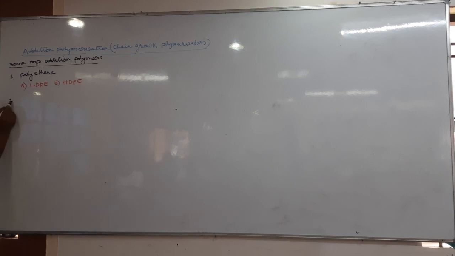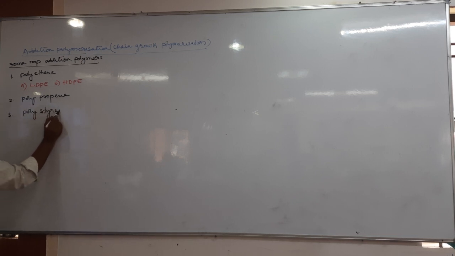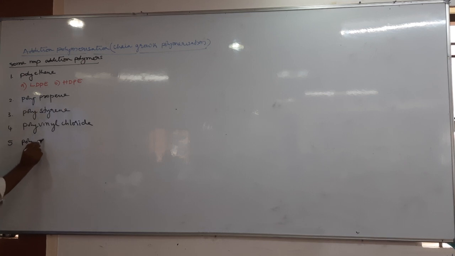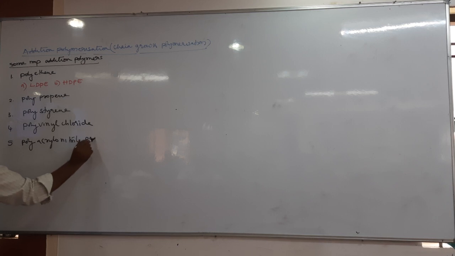Next, 2, polypropylene. 3, polystyrene. Take down fast. 4, polyvinyl chloride. 5, polyacrylonitrile, called PAN.